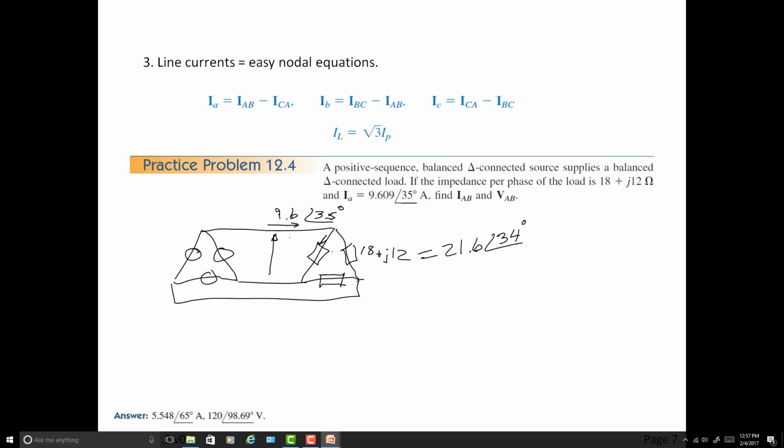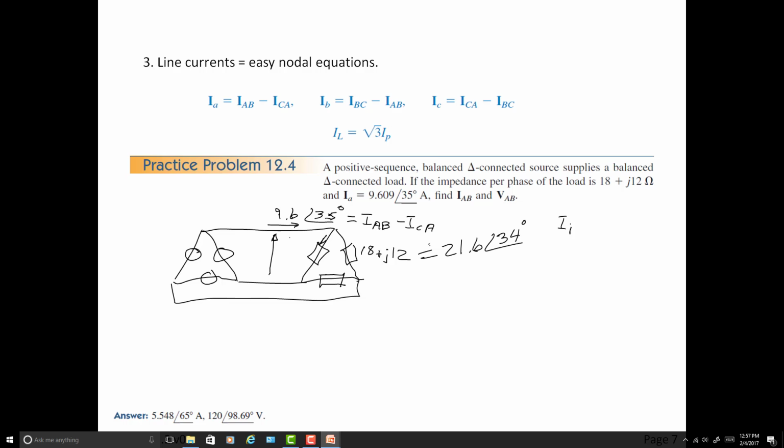All right, and I think I'm going to draw. Remember, this is equal to IAB minus ICA. So I think a lot of this we'll be able to get straight off of the drawing.